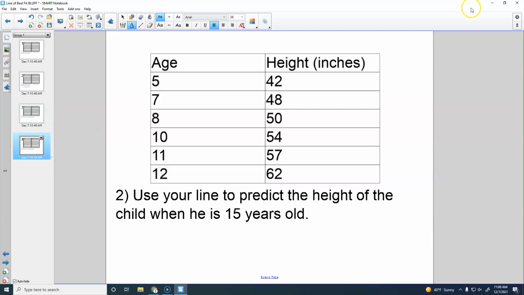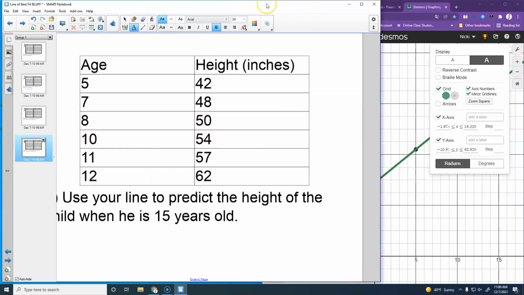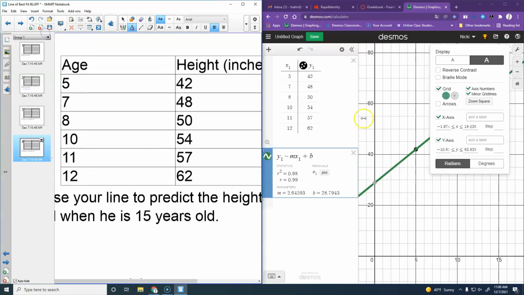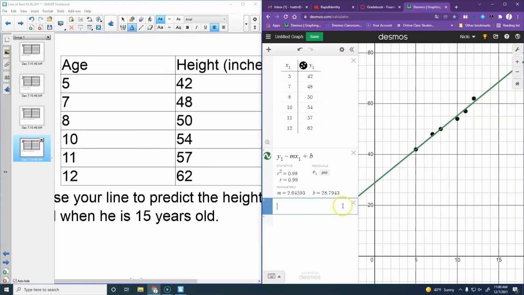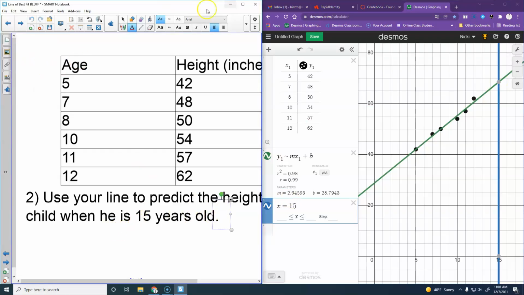This is a calculation. And I should tell you what to round to. Round to the nearest tenth of an inch. Let me add that on.